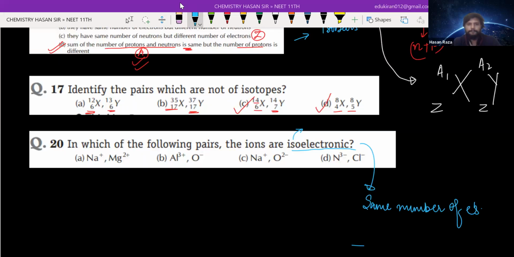So in this also there's more than one option.